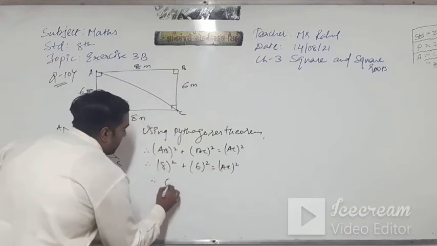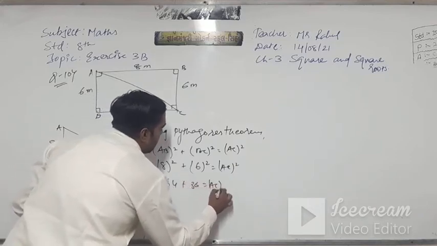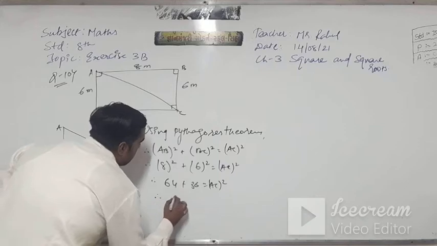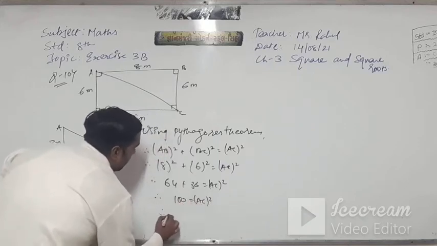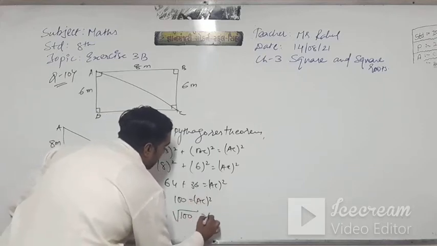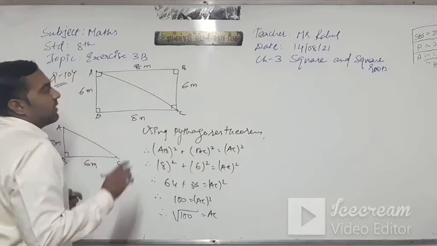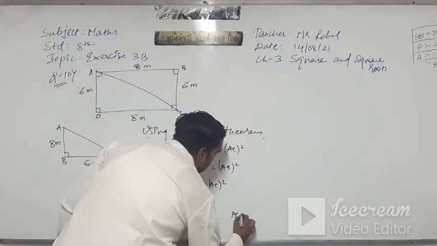So 8 square is 64 plus 6 square is 36 equals AC square. 64 plus 36 is 100, so 100 equals AC square. Now the square is shifted to the other side to form a square root. Square root of 100 is 10, since 10 tens are 100.